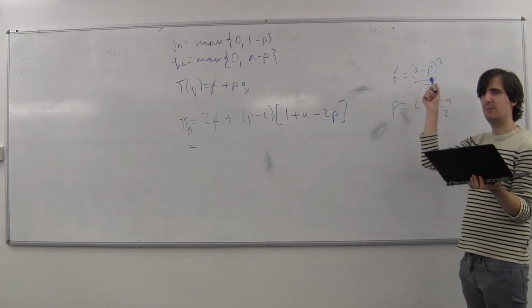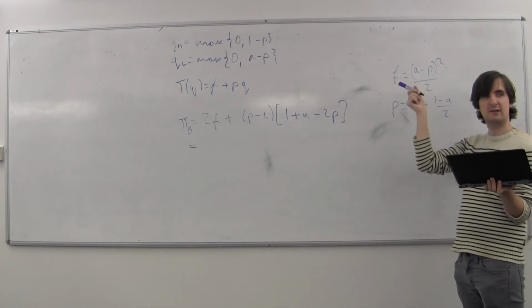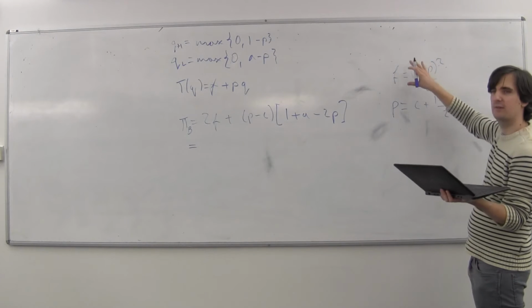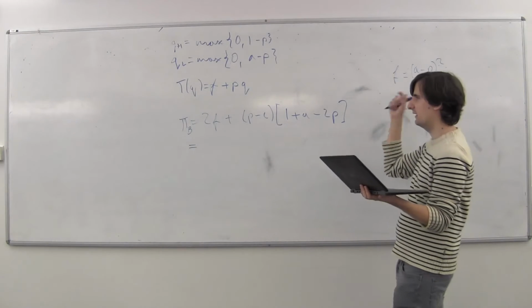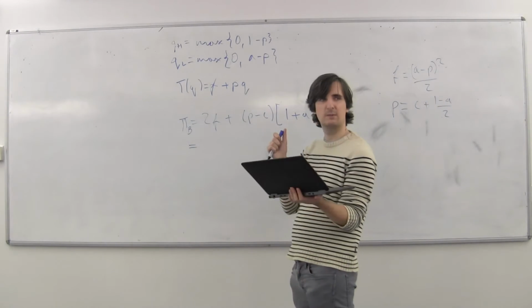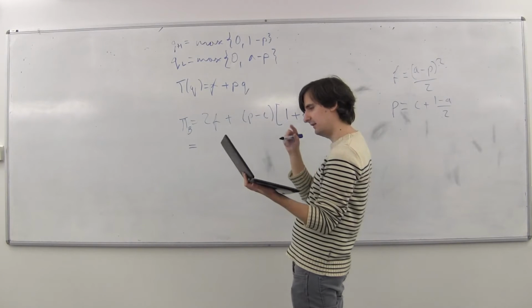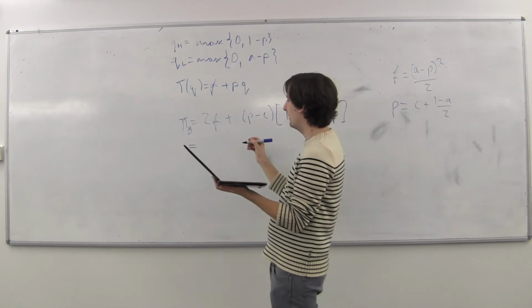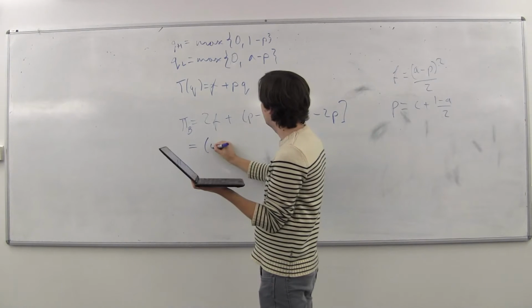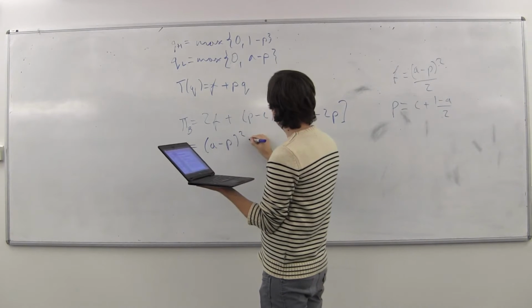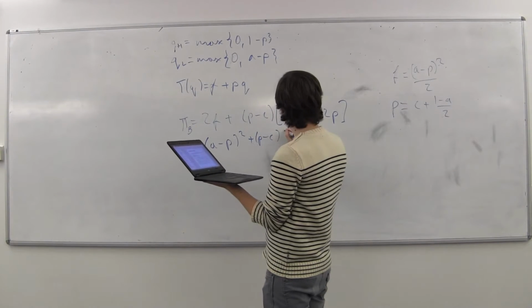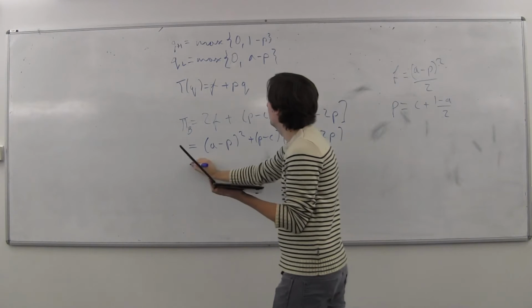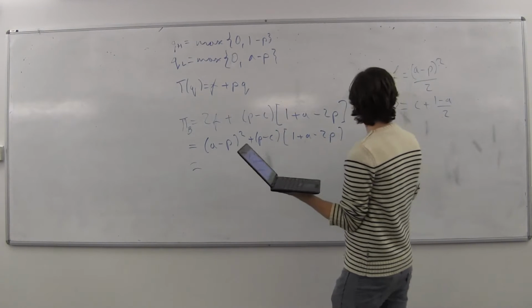Okay, that was the optimal F because it was the surplus that consumers would get in the absence of the F. That was making consumers just indifferent between buying and not buying, or making the low types indifferent. Okay, so substituting in, this is A minus P squared plus P minus C times 1 plus A minus 2P. Okay, substituting this in.